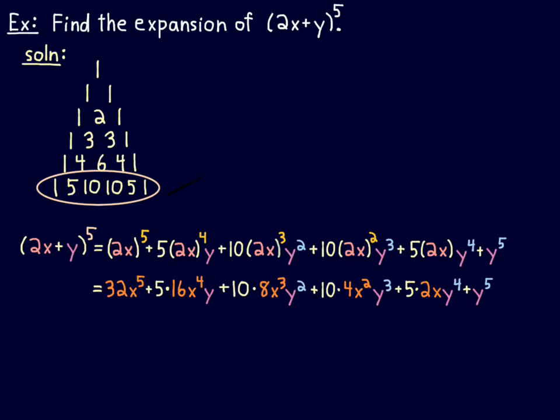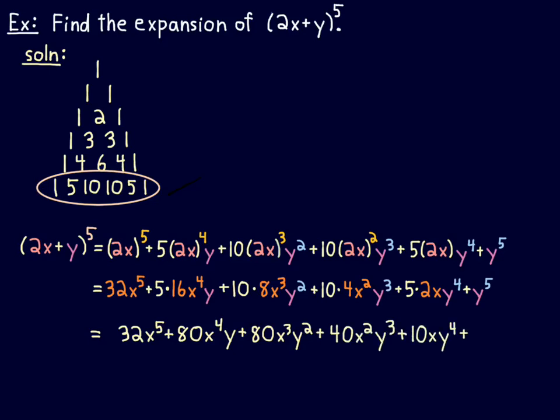So they're 1, 5, 10, 10, 5, 1, with, of course, the ones I didn't write down. But the actual coefficient of the expansion can be, as you can see, very different from the binomial. The binomial coefficients only give you part of that usually, unless it's just like an x plus y that you raise to a fifth power.